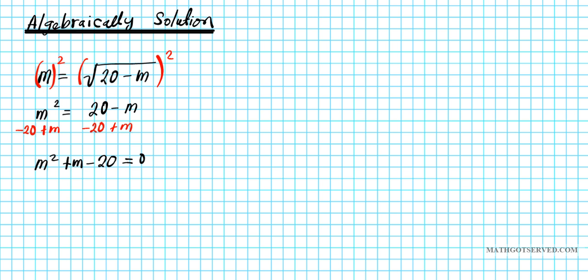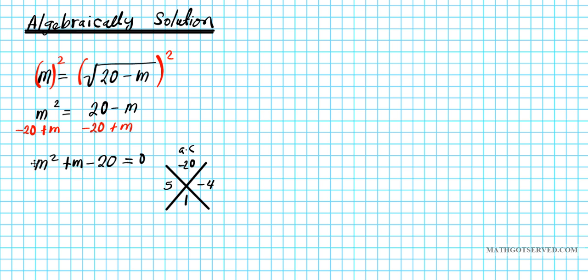Now let's try and solve this by factoring first. If this expression is prime, then we'll have to use the quadratic formula. We're going to be using the AC method. In this problem, A is 1, C is negative 20, so AC goes on top, negative 20, and B is 1. The two numbers that multiply to give you negative 20 and add to give you 1 are 5 and negative 4.